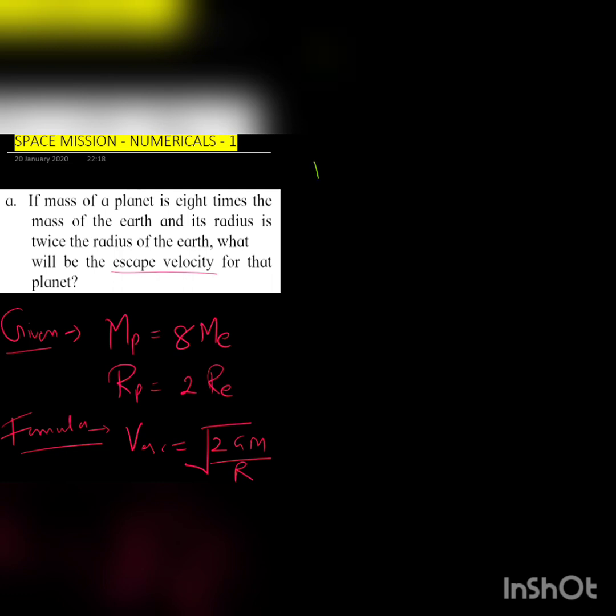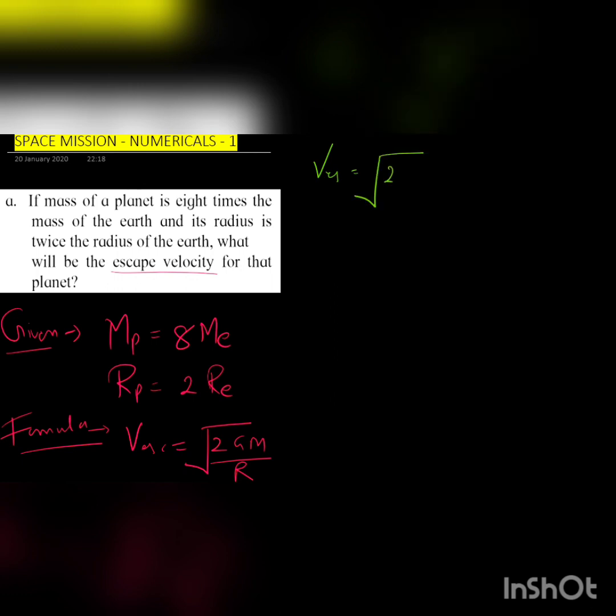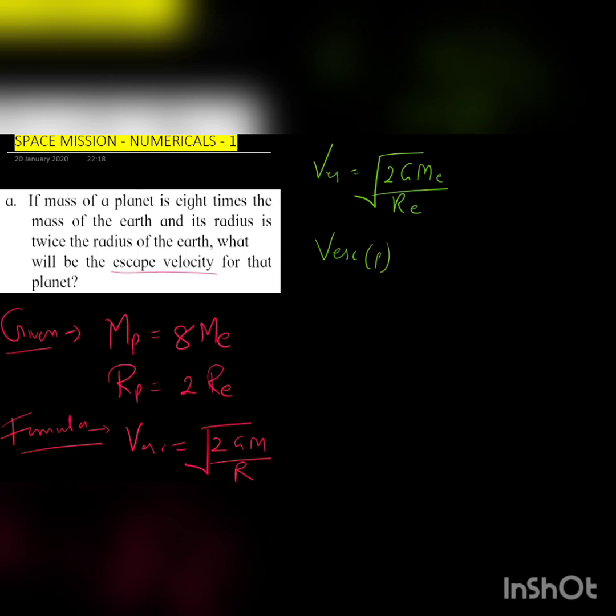Escape velocity for earth will be square root of 2 times G mass of earth upon radius of earth, and escape velocity for that planet will be equal to square root of 2 times G into mass of the planet upon radius of the planet.